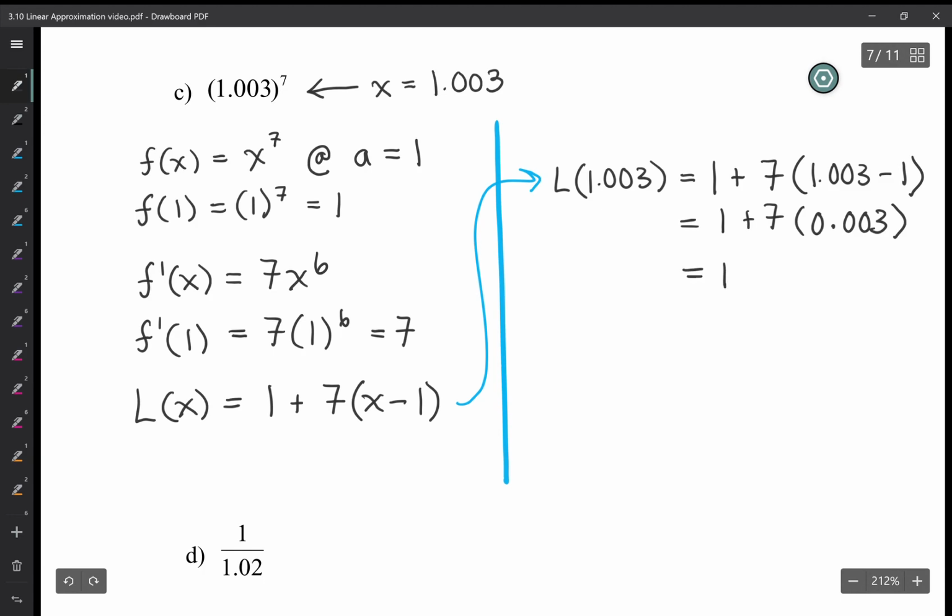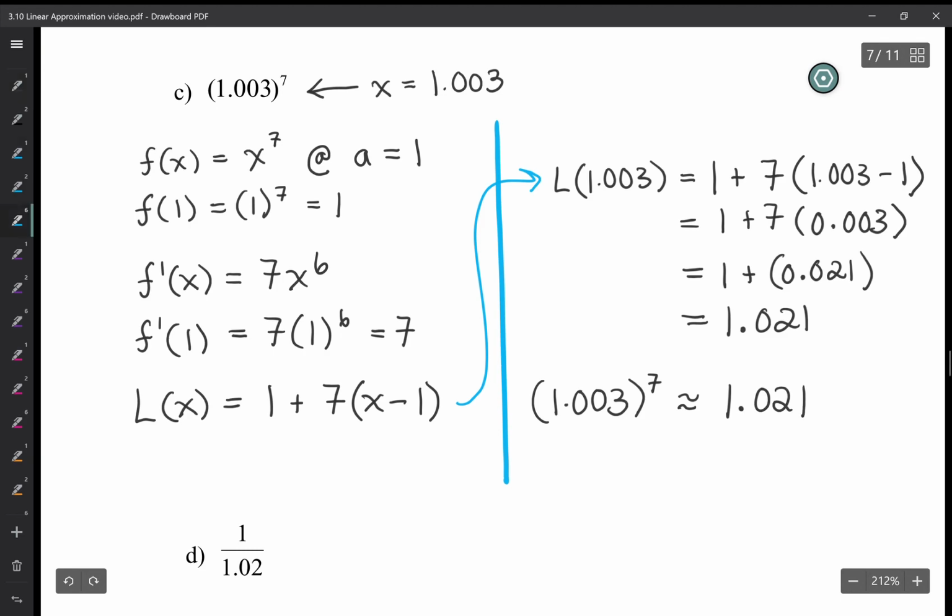That's equal to 1 plus 7 times 3 gives us 21. So 7 times 3,000 gives us 0.021, which leaves us with 1.021. So 1.003 raised to the 7th power is approximately 1.021.